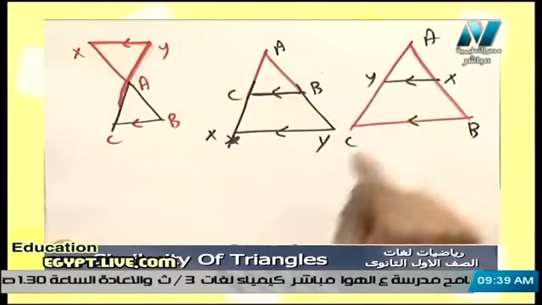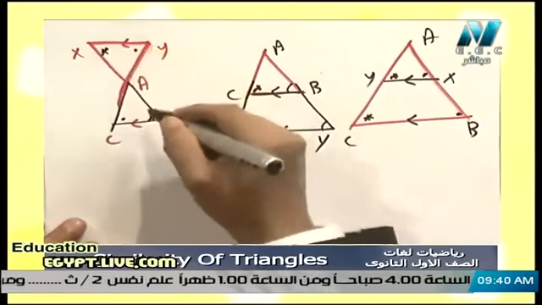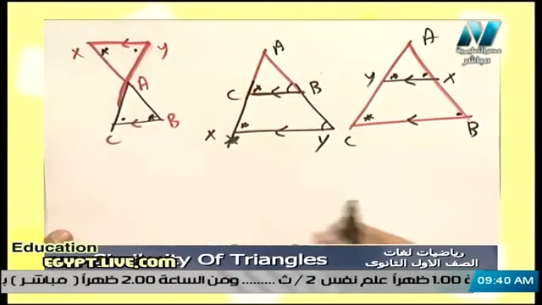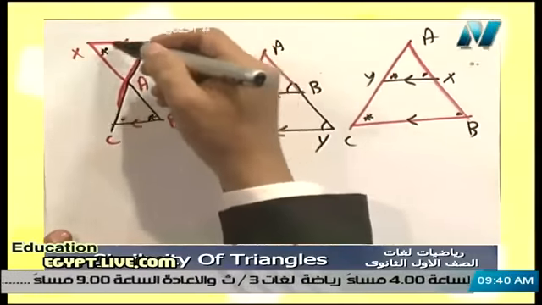And here we have two angles also equal in measure, and here we have also equal measure angles. So the triangle ABC will be similar to the triangle AXY.